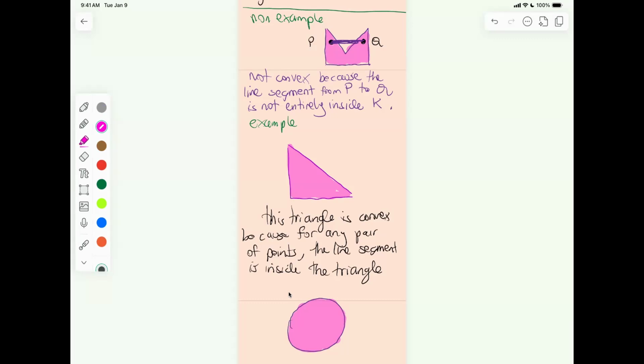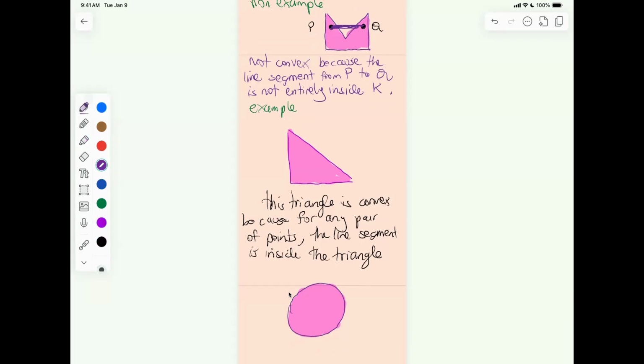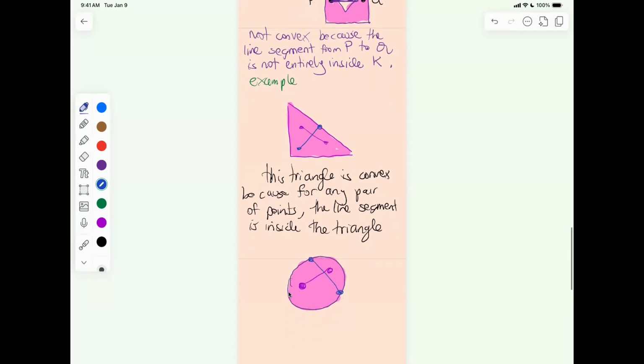The proof is actually interesting if you want to do it algebraically. I may put it as a problem if you want to try it. But no matter which points you choose, the line segments are always inside. So this is actually going to be convex.